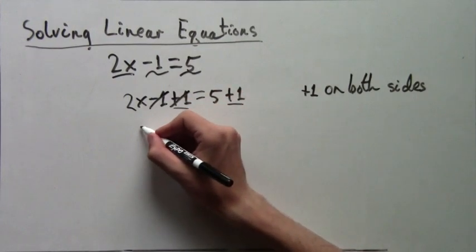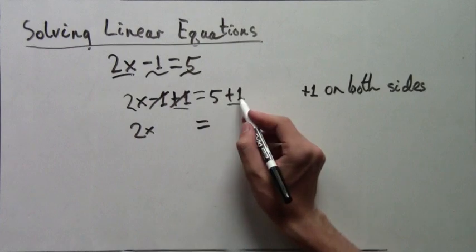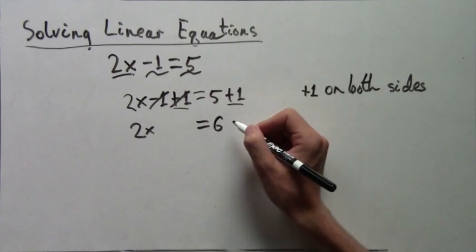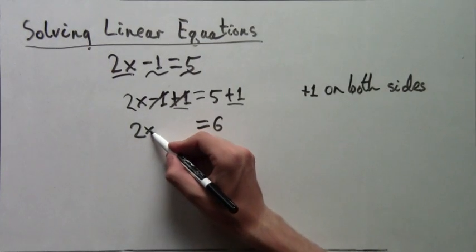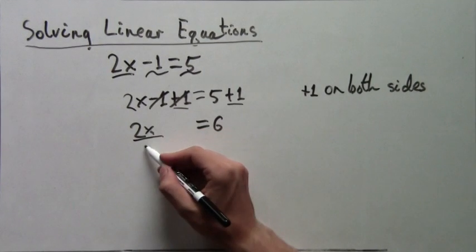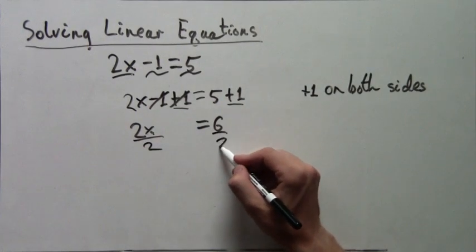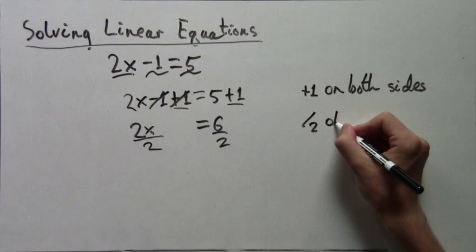And what does this give us? It gets rid of the minus 1 that was right next to the 2x. So now we just have 2x equals 5 plus 1 is 6. Now all we want is to divide by 2 so that we are left with just x equals something.